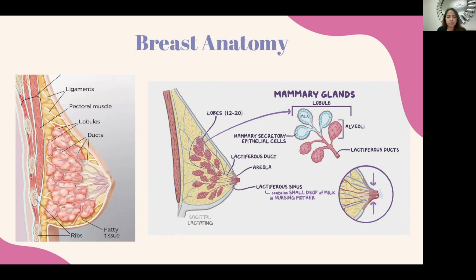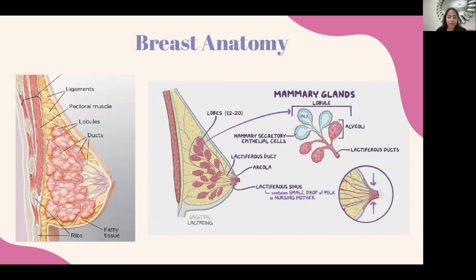Then you've got connective tissue stroma, which supports the mammary structures and glands, with fibrous and fatty components as well. There's the ligament of Cooper, a suspensory ligament around the breast tissue that helps to support those structures. And then you've got the pectoral fascia, where the base of the breast lies. So that's a little bit about the anatomy.